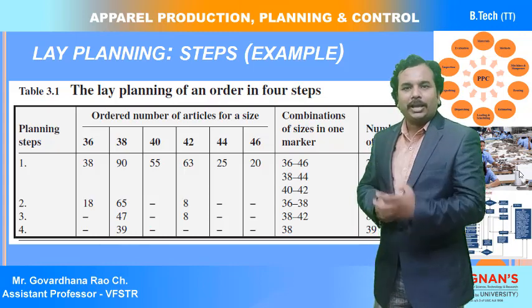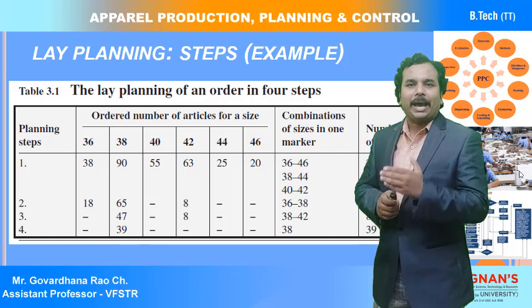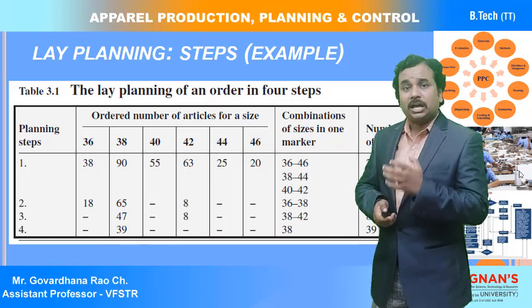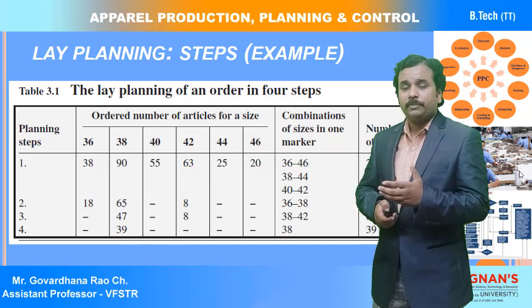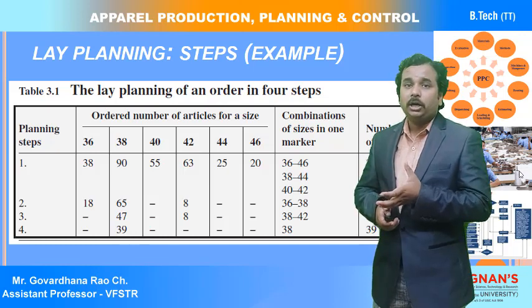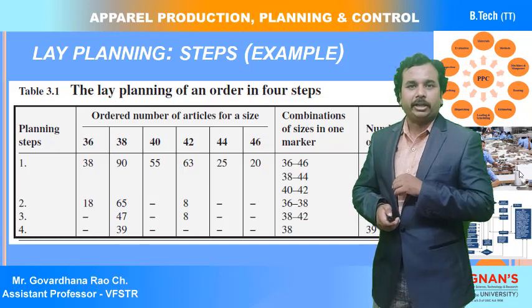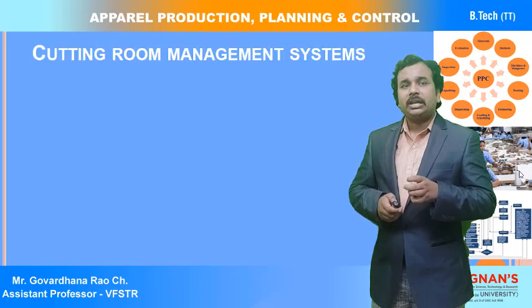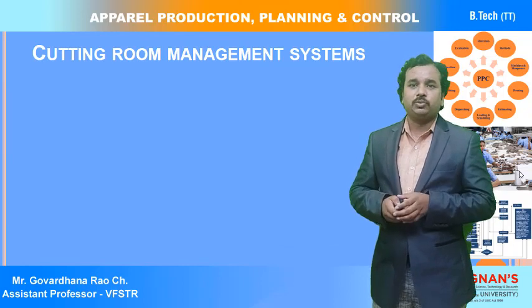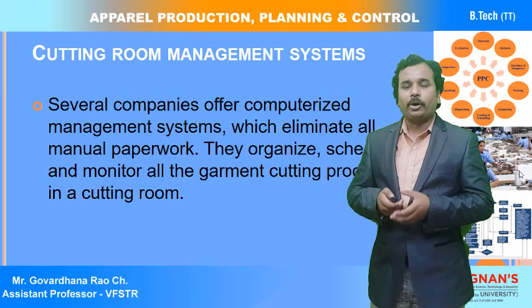This is one example of how we can plan the layout as per the customer's order. Okay, as per the ordered quantity, as per the color wise, how we can complete the order by layout planning. This is one of the examples. Okay, and the cutting room management system is one of the most important things.